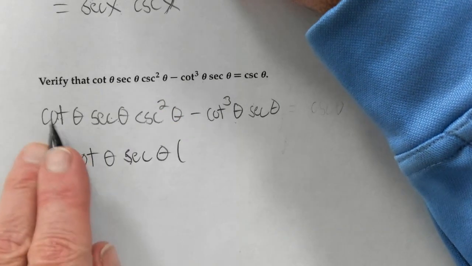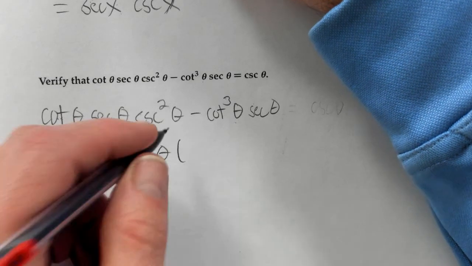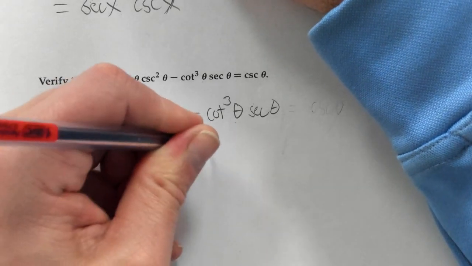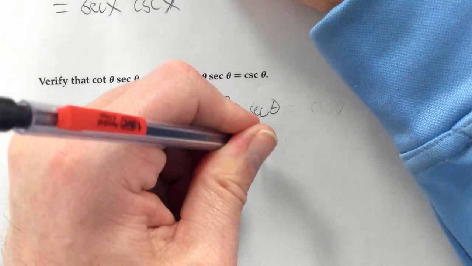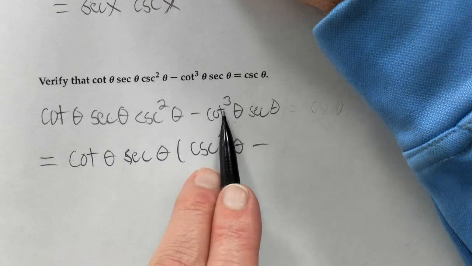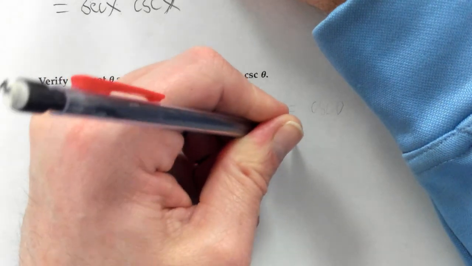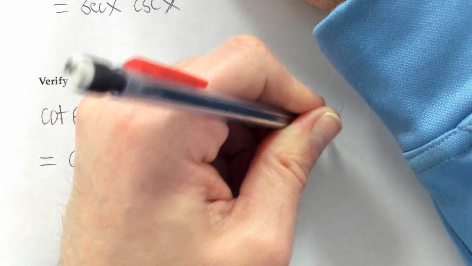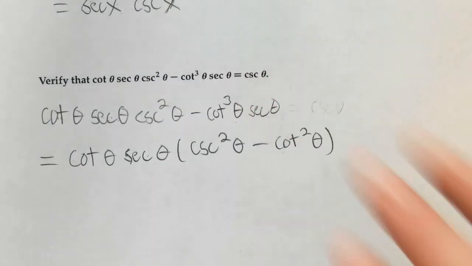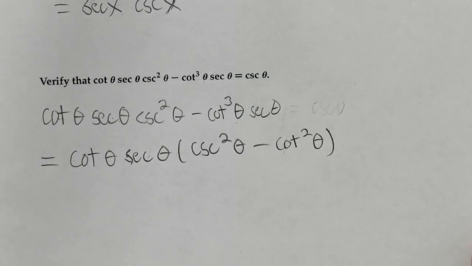If I pull a cotangent and a secant out, the only thing left in the parentheses is cosecant squared, minus cotangent squared. Like I said, one of our guidelines is to factor expressions out if we can, and we can in this case.